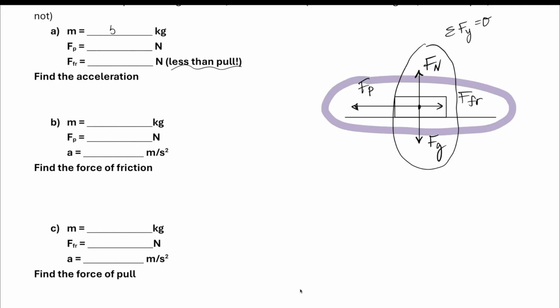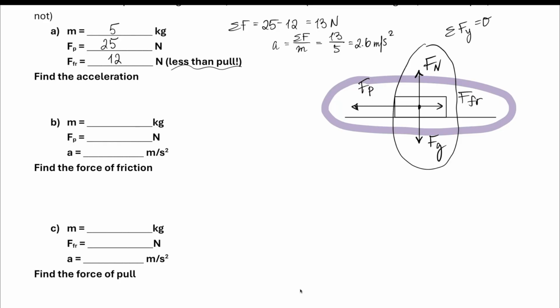Let's say mass is 5 kilograms, force of pull is 25 newtons, force of friction is 12. Net force is 25 minus 12, which is 13 newtons, and then we have our acceleration, which is net force divided by mass, 13 divided by 5, 2.6 meters per second squared.